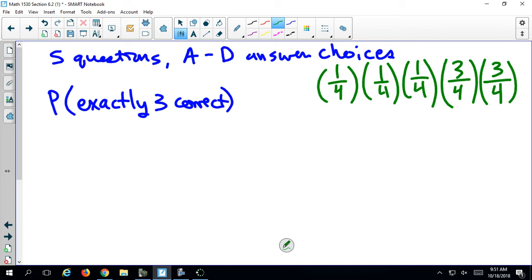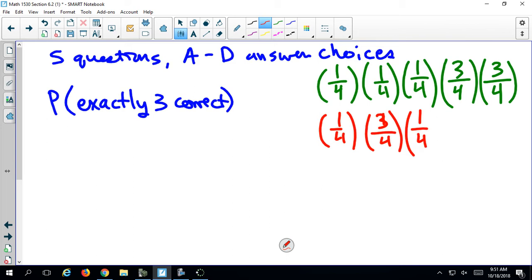That's just one way to get 3 correct and 2 incorrect. So we would also have to compute the probability, let's say we get the first, third, and last one correct, and the second and fourth one we get incorrect.